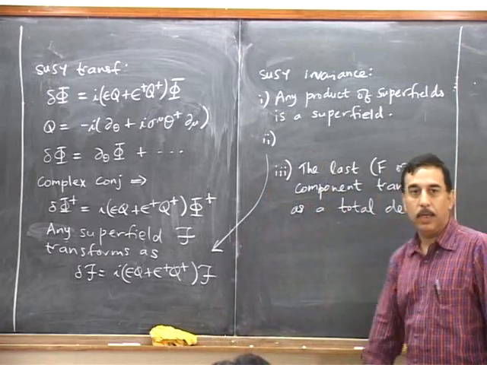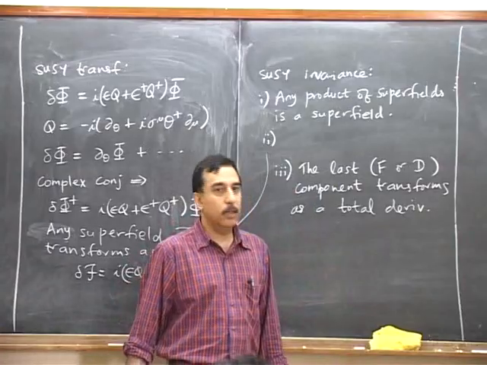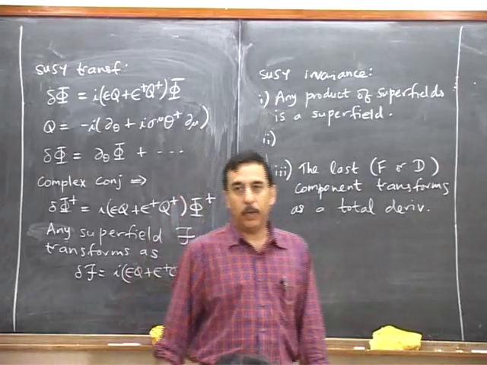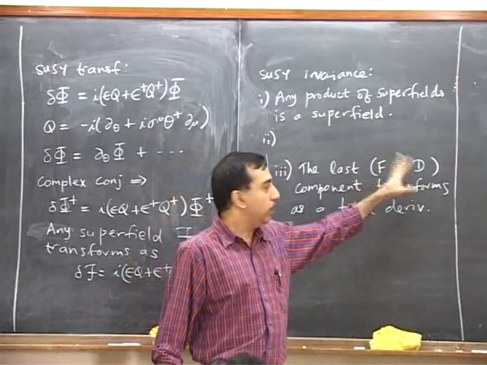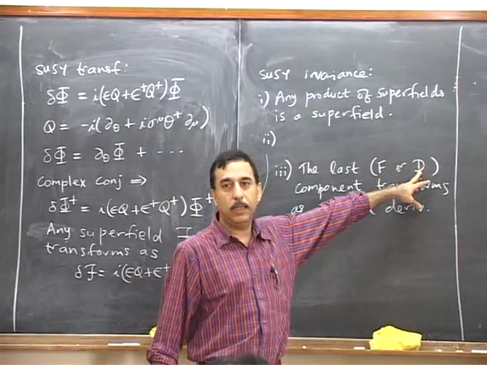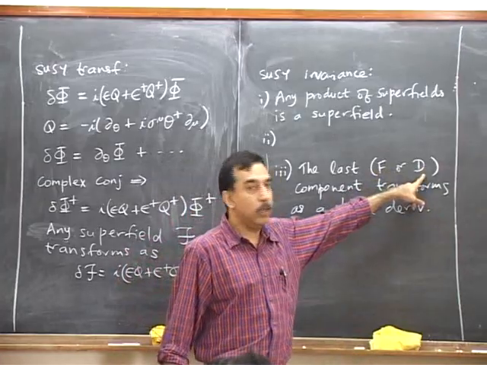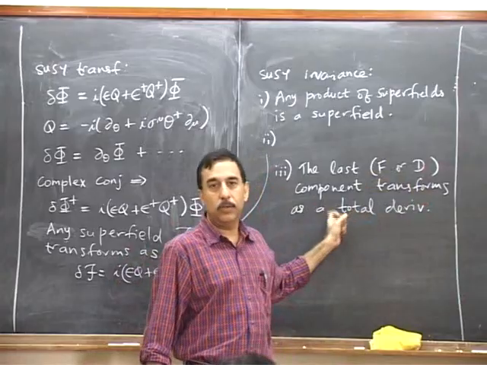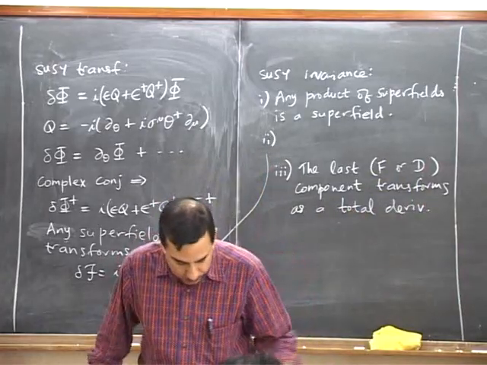That completes the proof that any integral of a superspace action, where that action will be integrated in only theta if it's a chiral superfield at the end, or theta and theta dagger if it's a vector superfield. Those integrals pull out the corresponding last terms, and those all transform as total derivatives. Okay, so that's the review of last time.